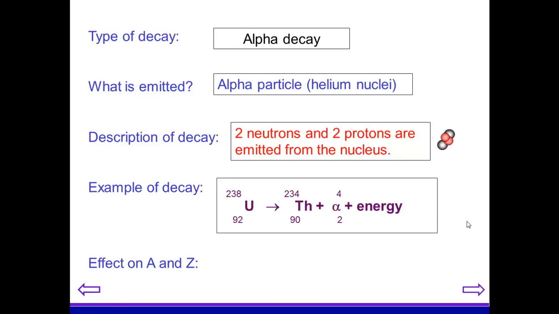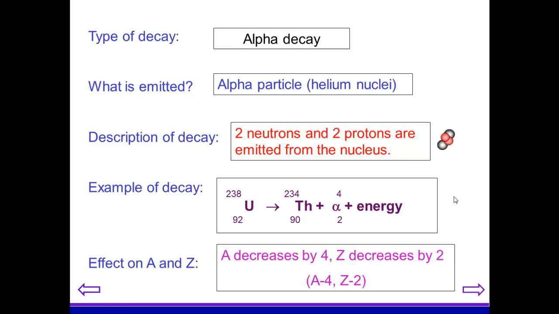An example of this would be to go from uranium to thorium with the release of an alpha particle and some energy. This is quite an important thing to think about, how this is shown. And what happens here is I can track that the mass number has dropped by 4 and the proton number has dropped by 2, which gives an indication that alpha decay has taken place.